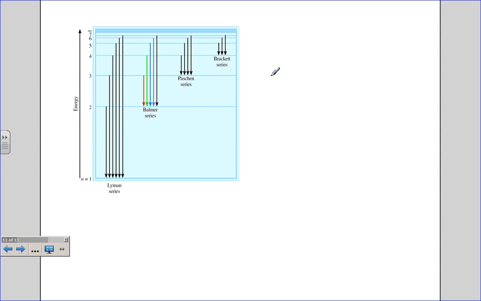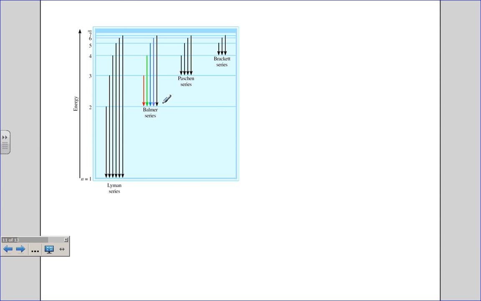Now this diagram here is just showing you the different electronic transitions of hydrogen. You can see that electrons can fall from a variety of different levels and fall back to different levels. So these have been divided into series. We call the Lyman series all of the transitions of the hydrogen electron falling from any level back to the first level.